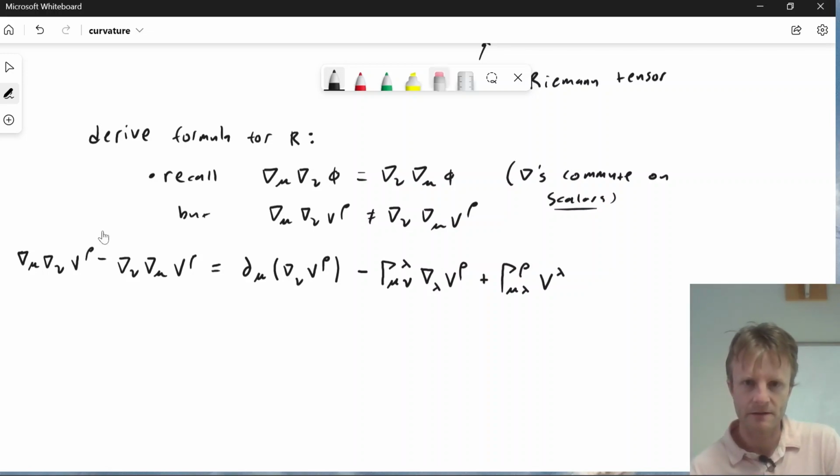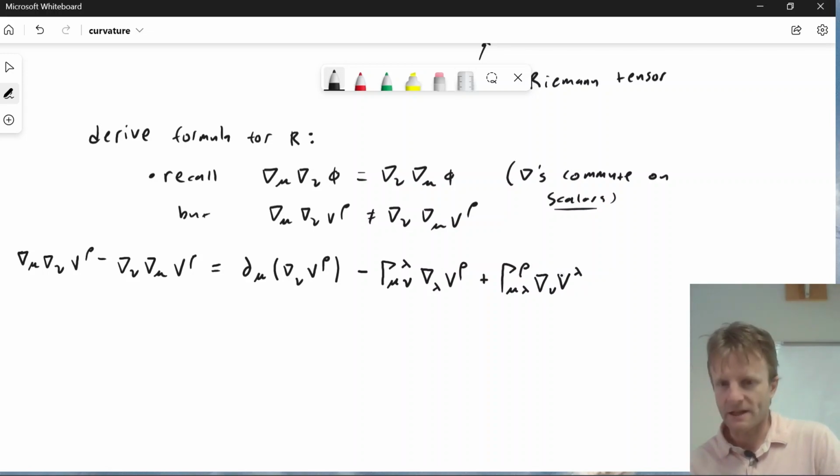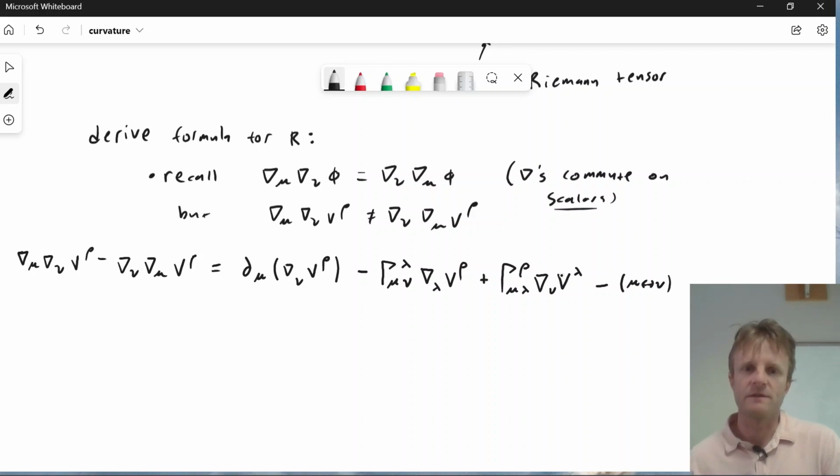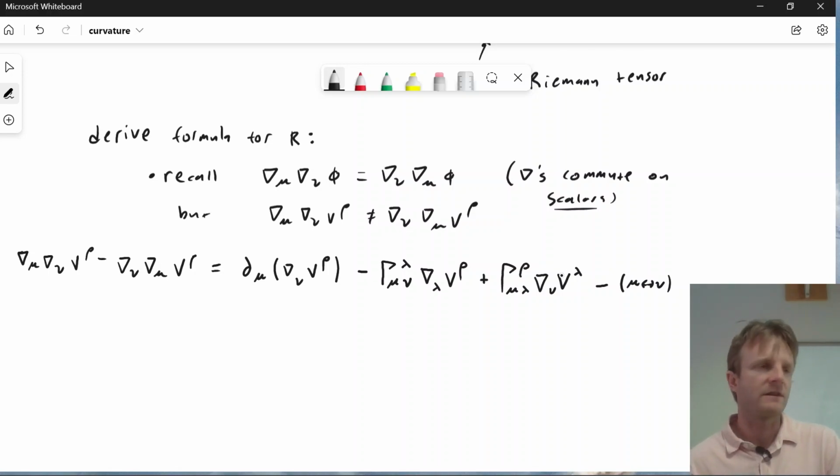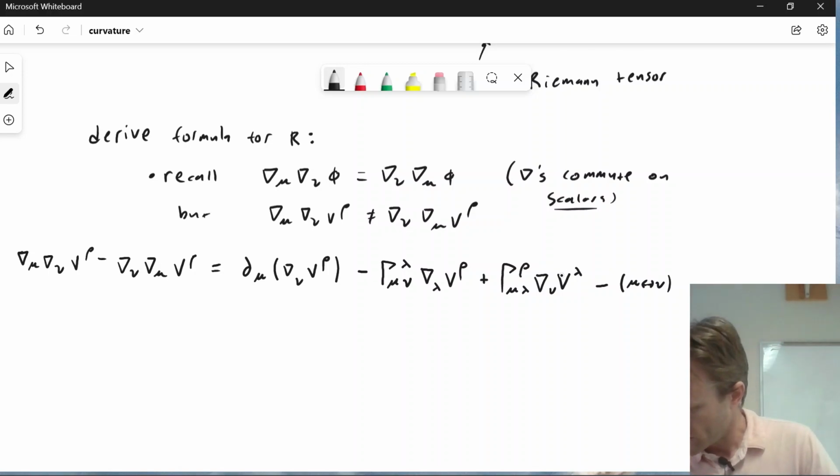Del, I need the del. Okay, and then I could write out the other terms, but I'm just going to write minus the same thing with mu interchanged with nu. So that means all 3 terms, I just take each one and I add a term with the same thing, but I've swapped mu and nu, because that's what we have on the left-hand side. So that notation will save us a bit of time.